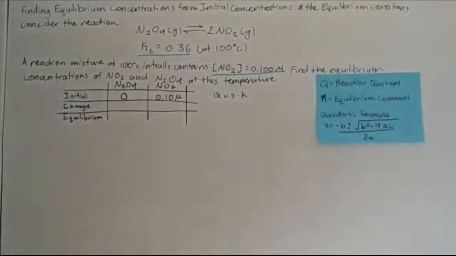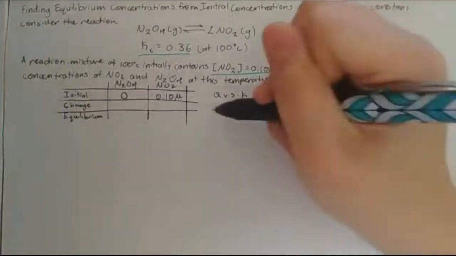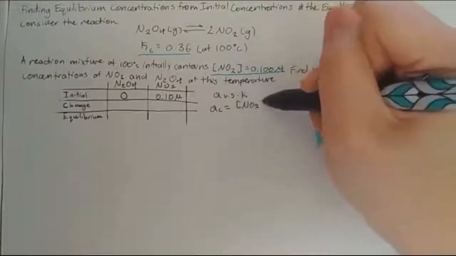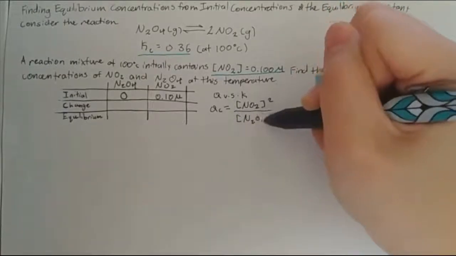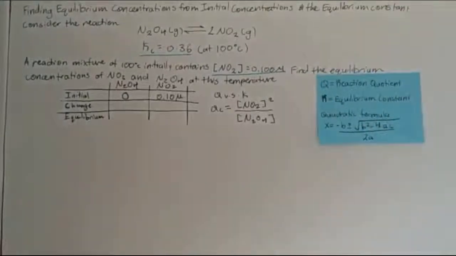So to find the reaction quotient, we do the equation for the products over the concentration of reactants. So we get NO2 squared all over the concentration of N2O4. The squared is from the 2 moles of NO2 that we get from the reaction.